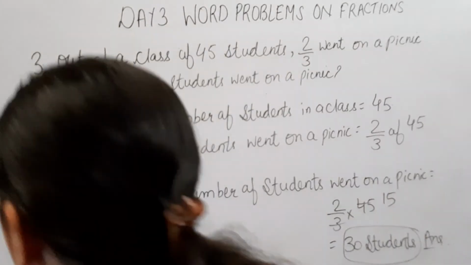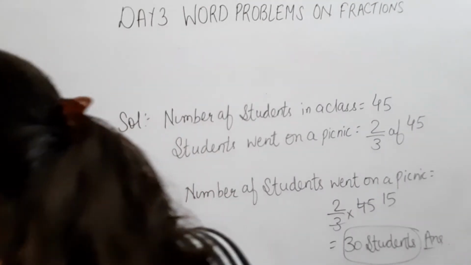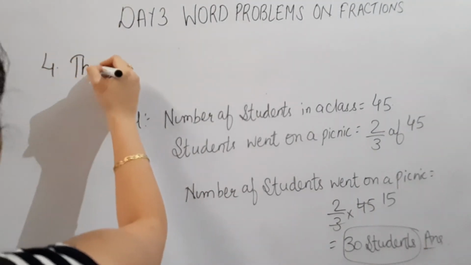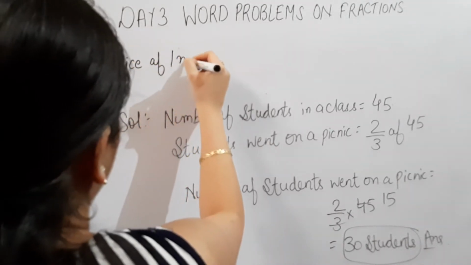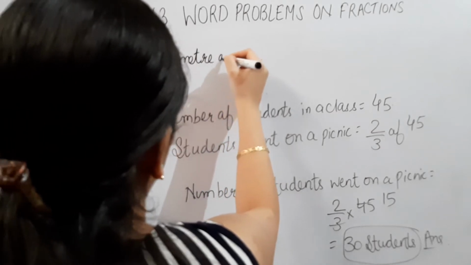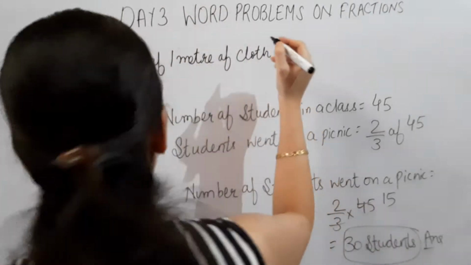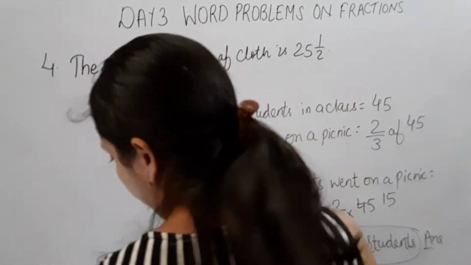Let's move to the next question, number 4. The price of 1 meter of cloth is 25 and a half.